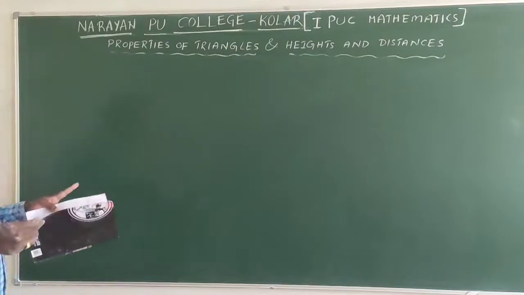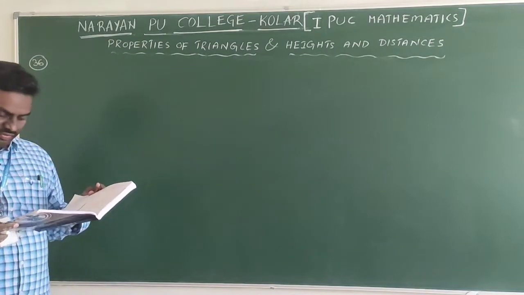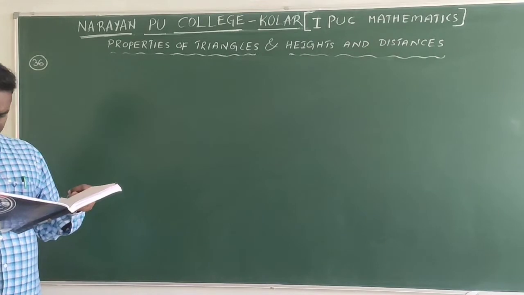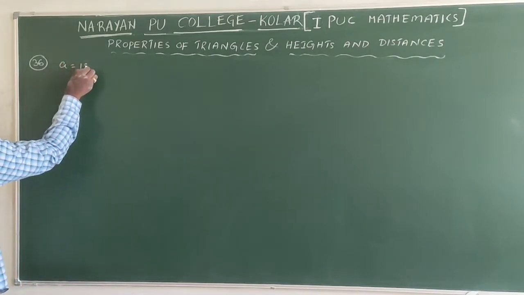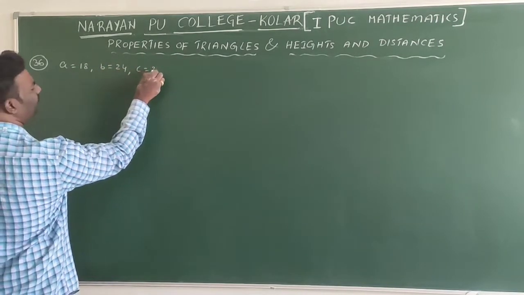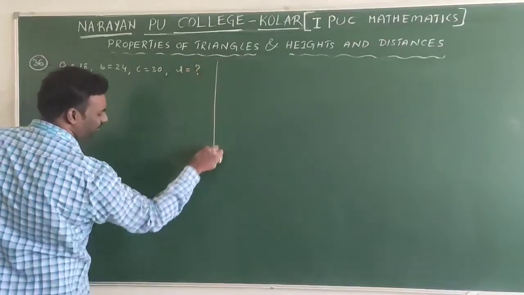Question 36. The radius of the in circle when the sides are 18, 24, 30. The radius of the in circle is nothing but small r, we need to find.